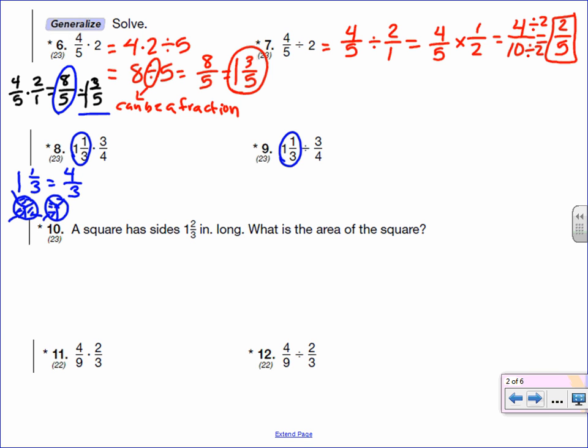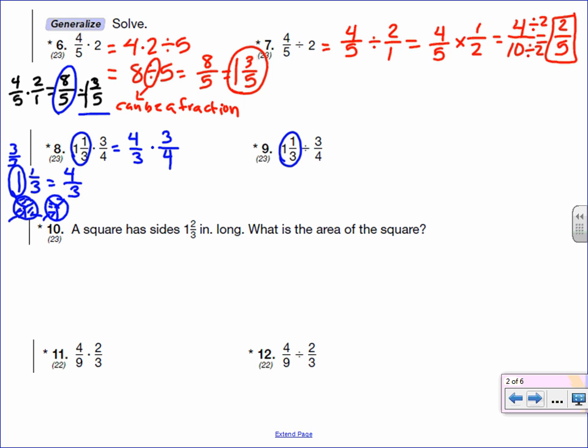So 1 and 1/3 is 4 thirds. The other way to think about it is that this 1 is 3 thirds, and then 3 thirds plus 1/3 is 4 thirds. So this problem becomes 4 thirds times 3 fourths.